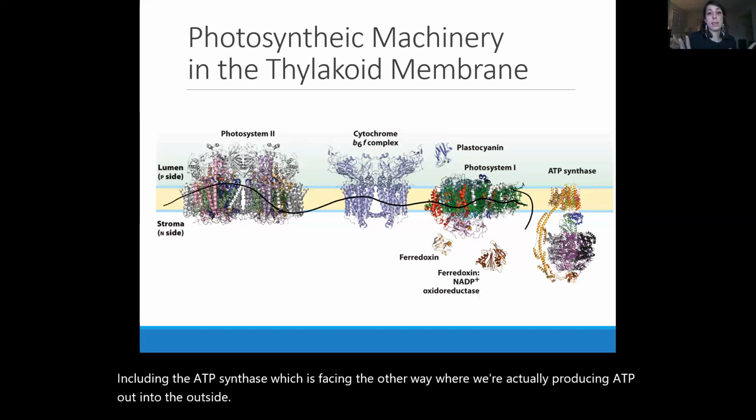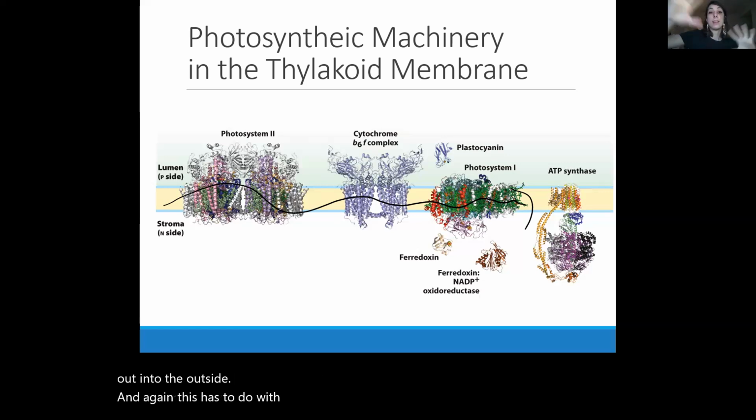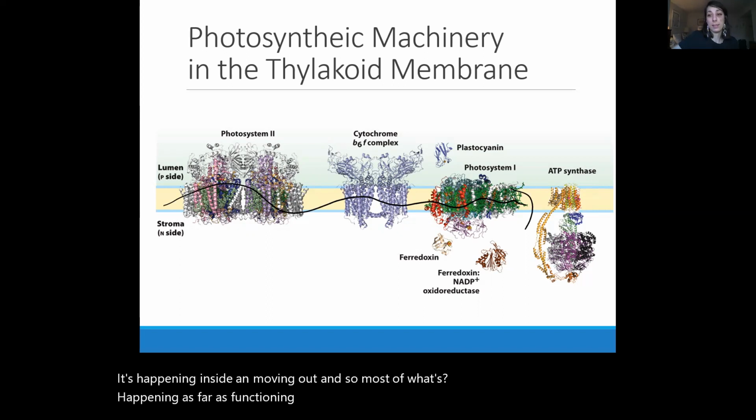And again, this has to do with the fact that our gradient is reversed, right? We have a reverse gradient. It's happening inside and moving out. And so most of what's happening as far as functioning is happening on the outside in plants.